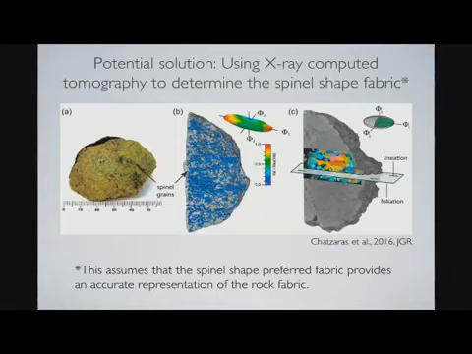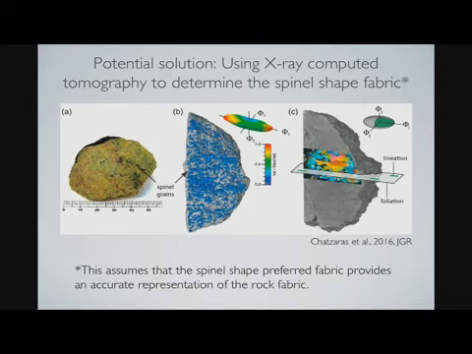There is potentially a new technique that could really help, which is shown in this paper by Vasilios Chatzaras and the group at University of Wisconsin, who have started doing this more routinely, which is to do X-ray computed tomography of samples and use that to identify the spinel fabric.